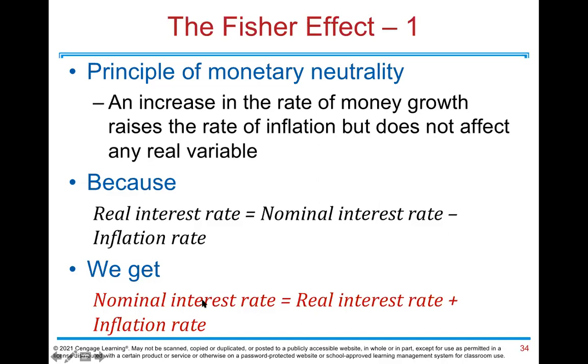So any nominal interest rate that the bank charges has two components. It says, I actually only need 7% on a real basis, but then I also need you to compensate me a little bit for inflation. And if inflation is 2%, we'll just add that 2% on top of the real interest rate to get your nominal interest rate. So we should compensate lenders for receiving less valuable money.